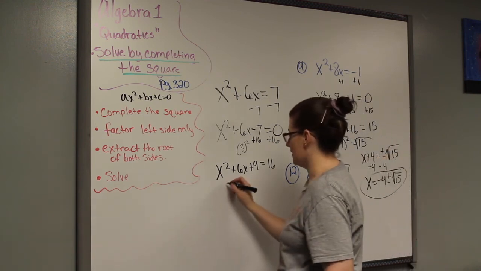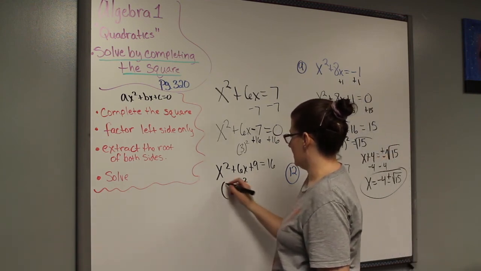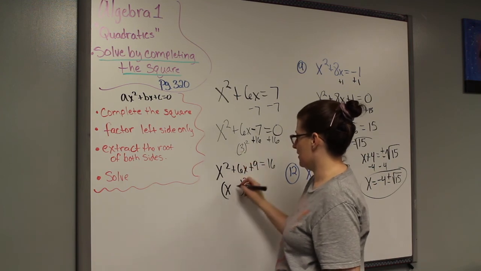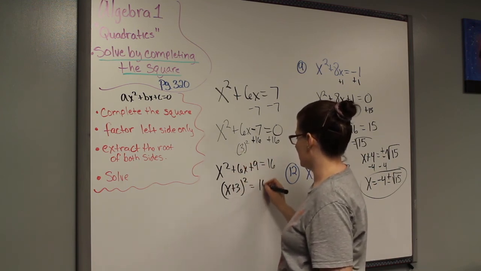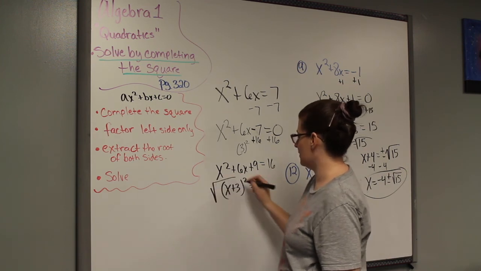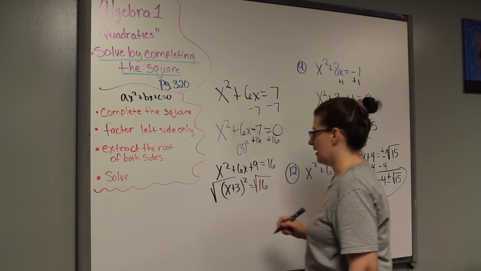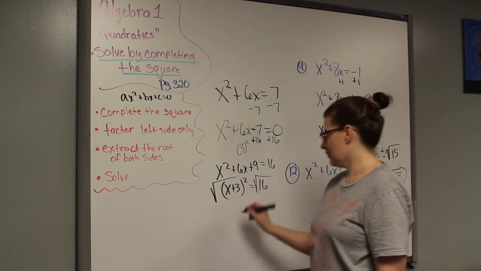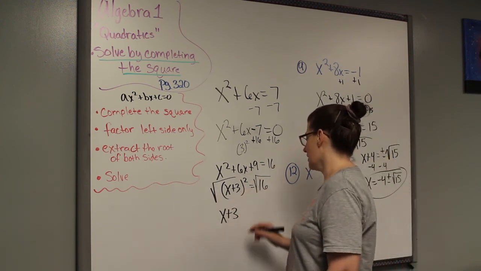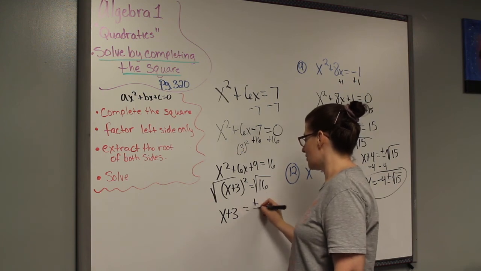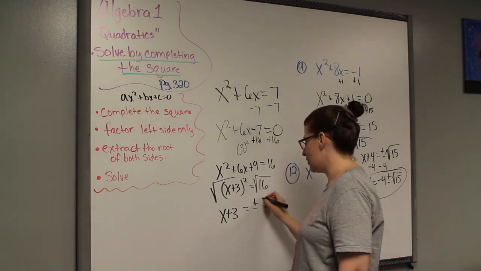Now I'm going to factor this, and it's going to be x plus whatever's in here, and that's a positive 3, equals 16. Now we're going to take the roots, okay? And when I take the root of this, it's just going to be x plus 3. Drop all the extra. And this is plus or minus the square root of 16, which is 4.